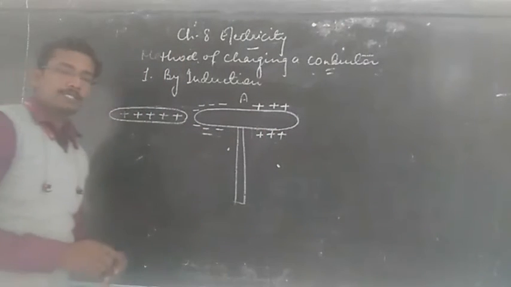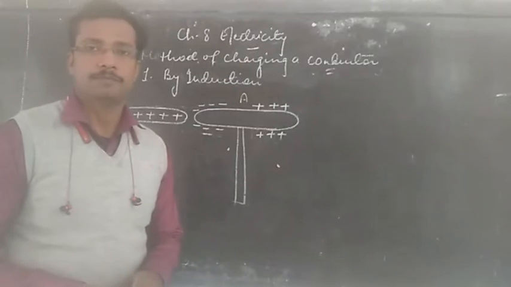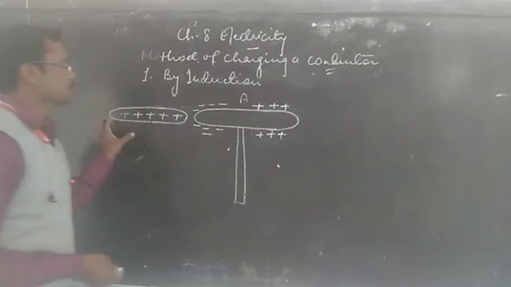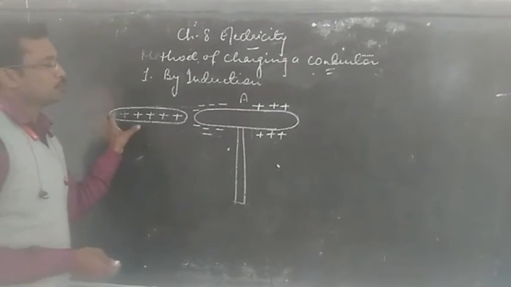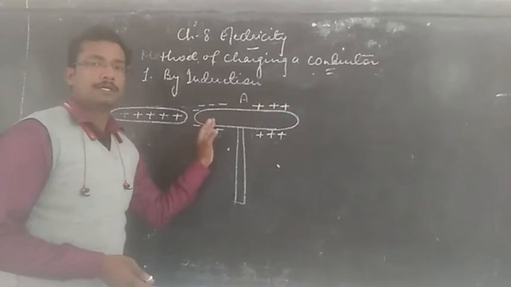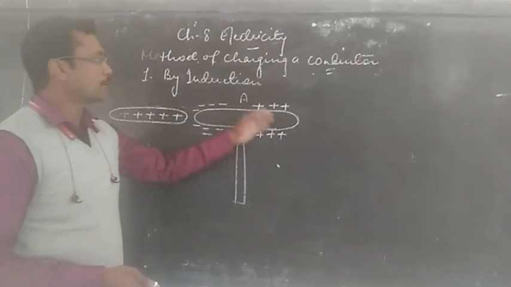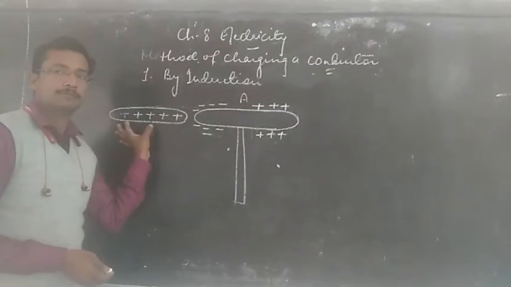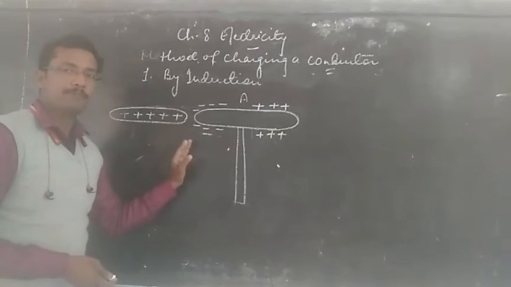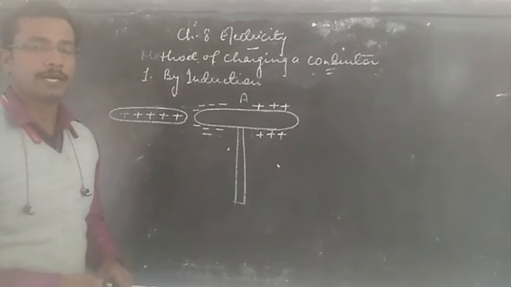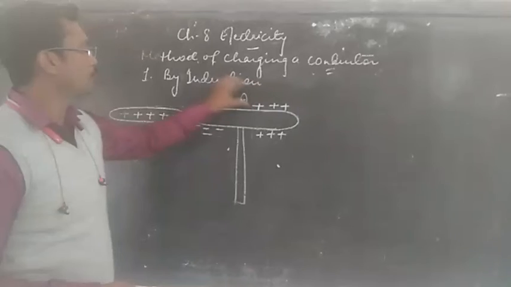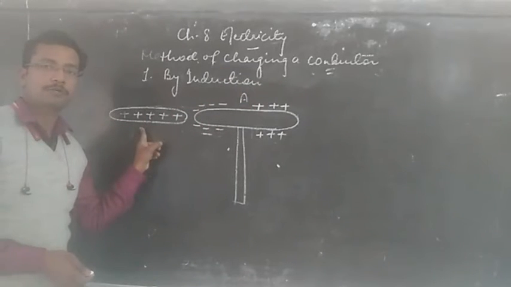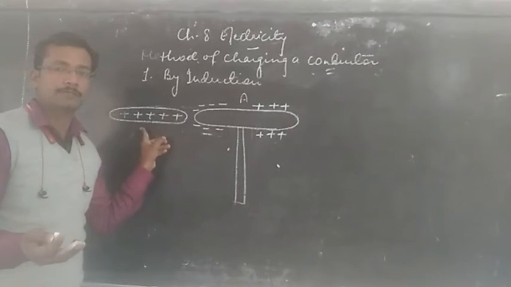Let us try to understand why it is so. Since this glass rod is positively charged, the free electrons of this conductor will start moving towards the glass rod. But since there is a gap and the glass rod is not in contact, these free electrons will not be able to reach the glass rod to neutralize the positive charge.